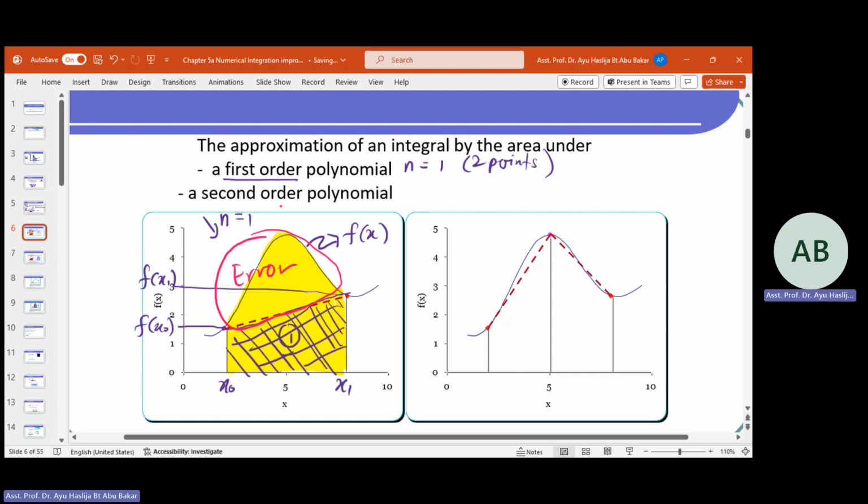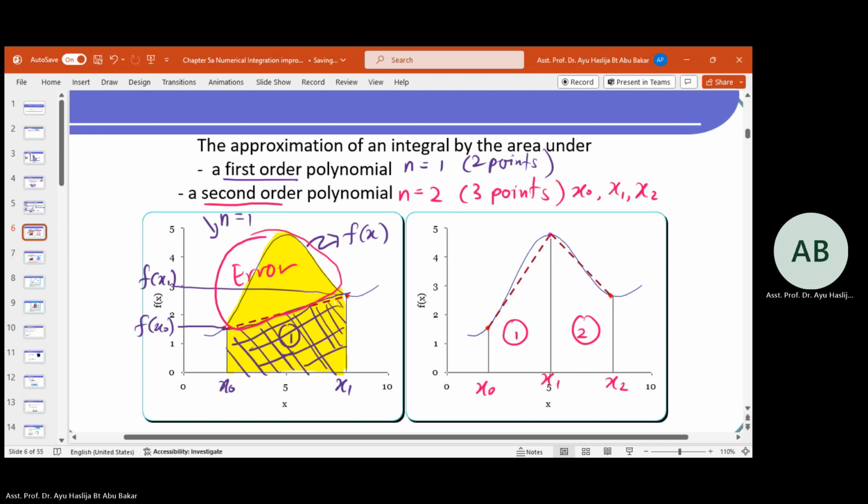Okay, what happens if n equals to 2? Second order. You have 3 points. n equals to 2, meaning that you have 2 segments. So x0, x1, x2. You have 2 segments. Now you see 2 trapezoids. So you can see the calculated area under the curve is bigger compared to n equals to 1.